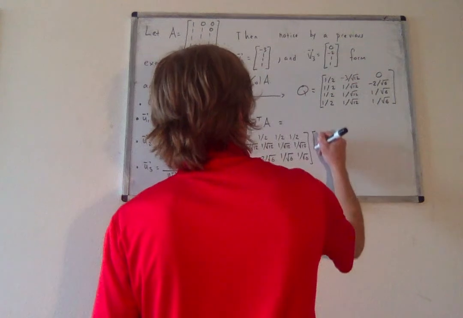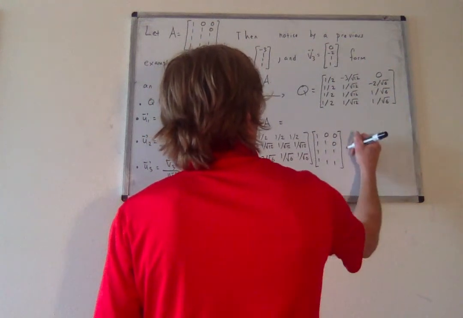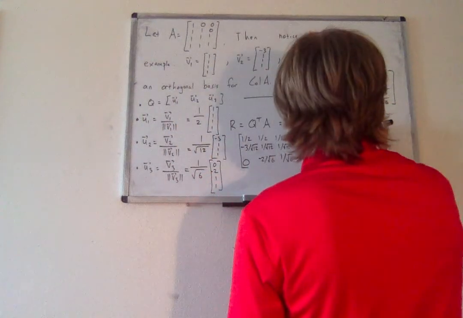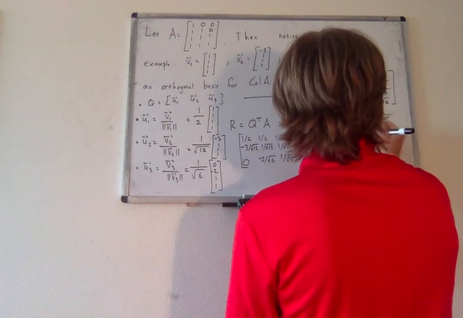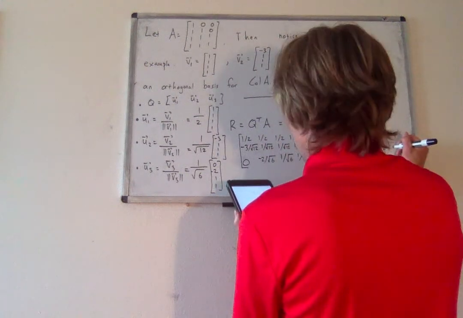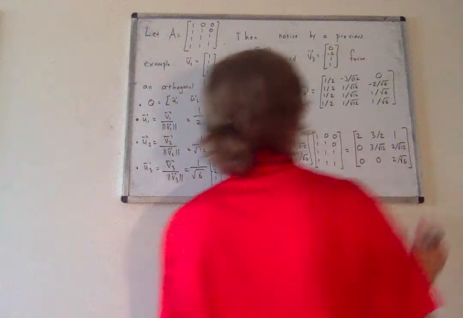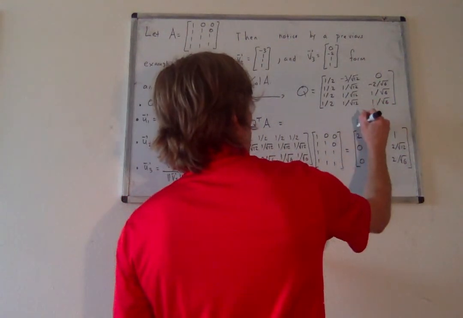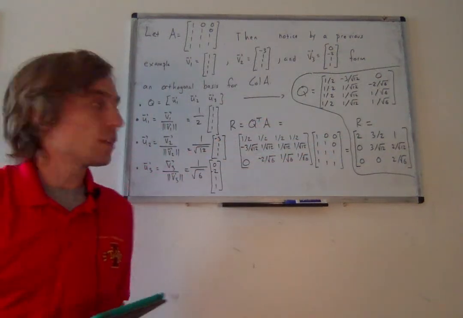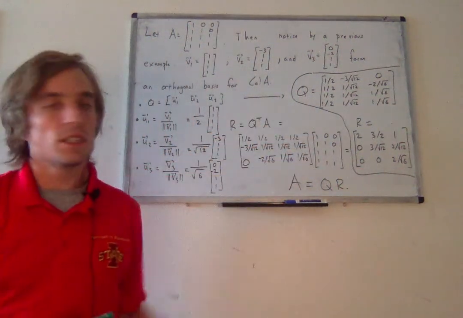So Q transpose times A, and so as to not completely bore you with so much arithmetic, if you multiply these two matrices together, you should get the following matrix, which is the R of our QR factorization for A. So these two matrices, Q and R, would give us a QR factorization for A. That is, A is equal to Q times R, where this is Q and this is R.